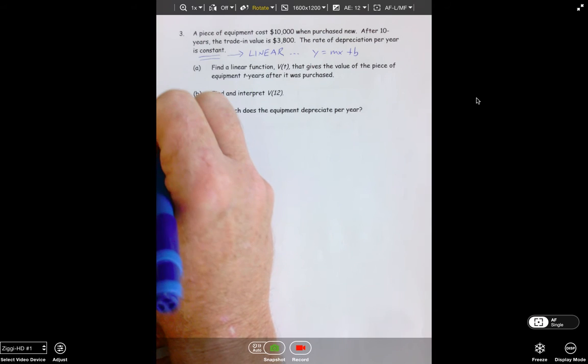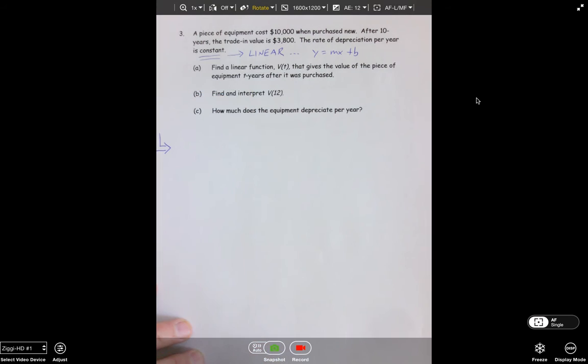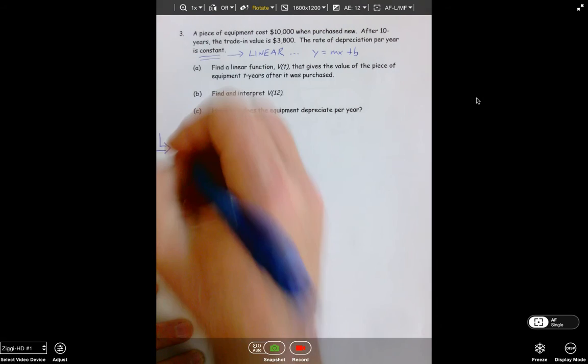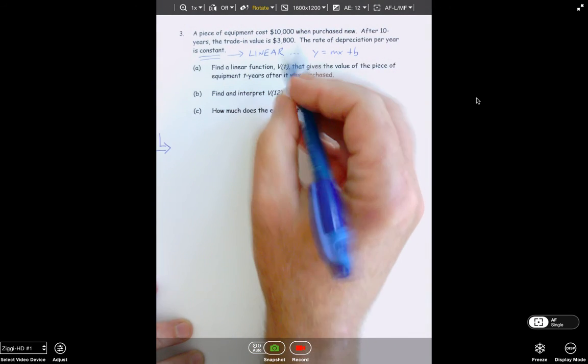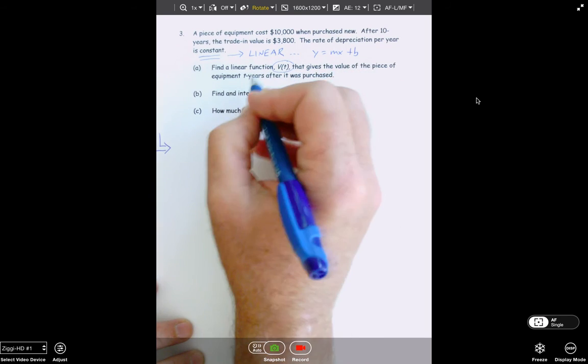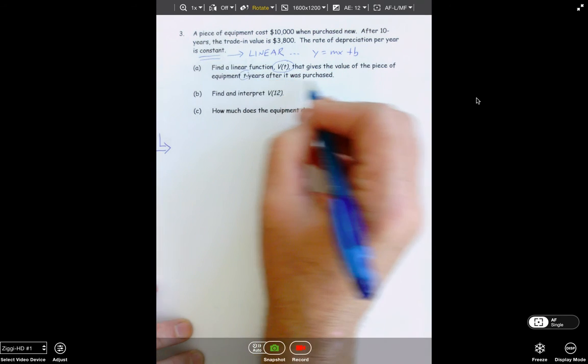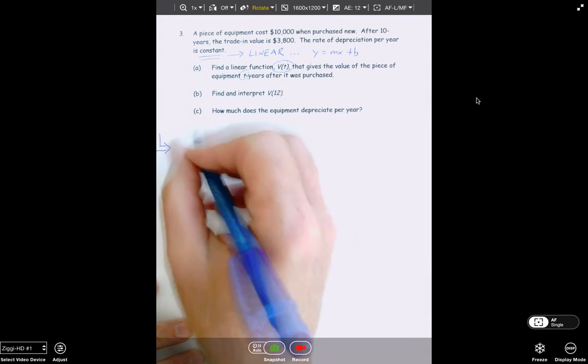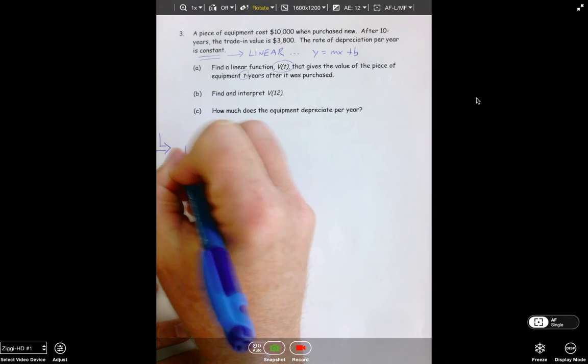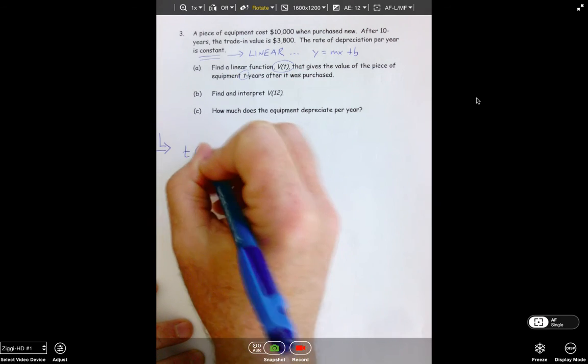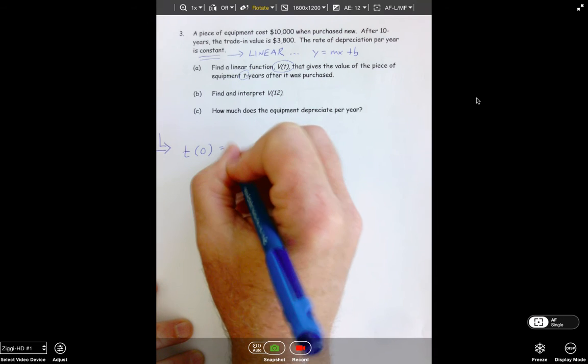So gang, you tell me, what are we going to do here? Just like we did before, we know that we have a function V of t, where t is the number of years after it was purchased. So we know that V of 0, when it was purchased new, is 10,000.